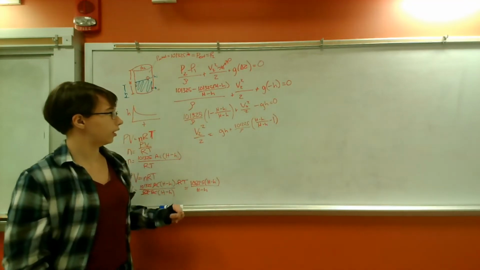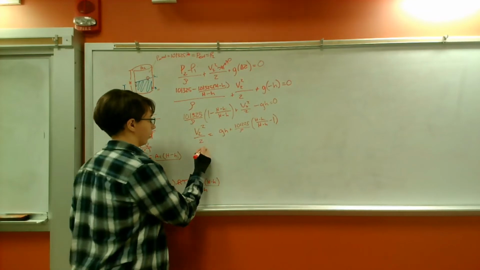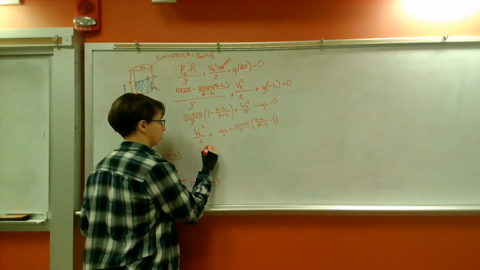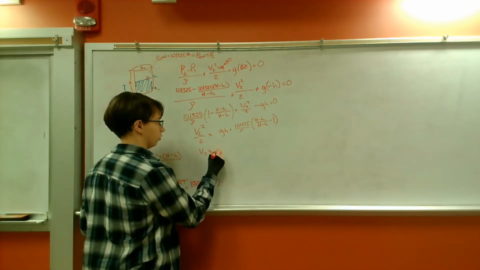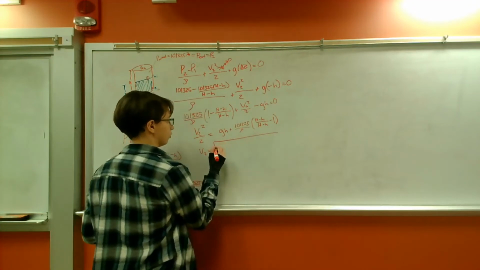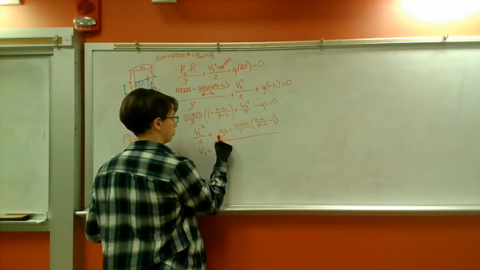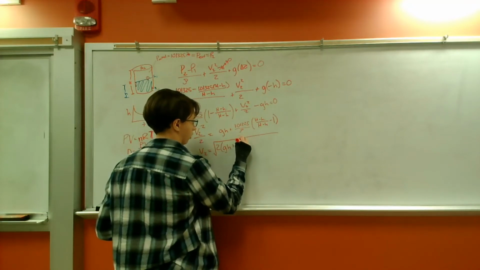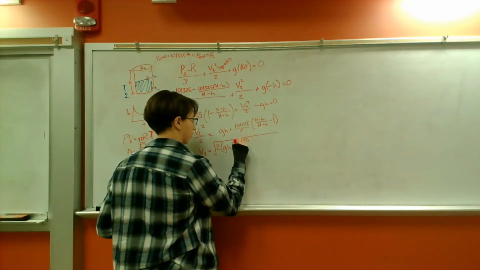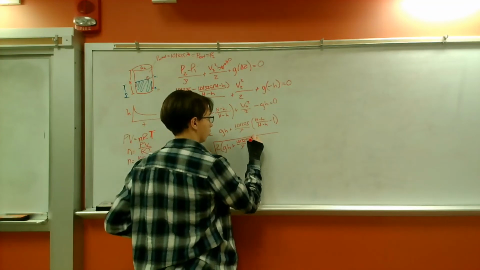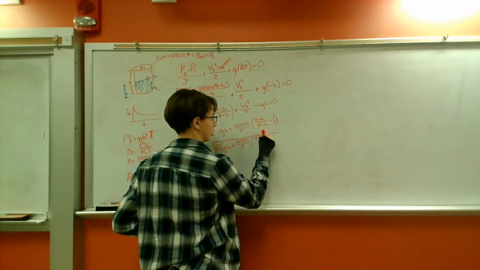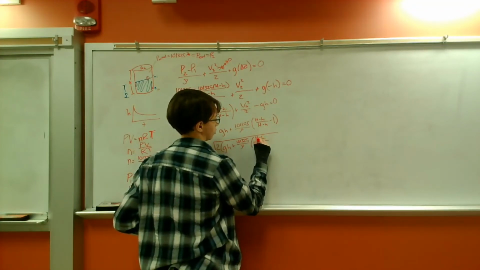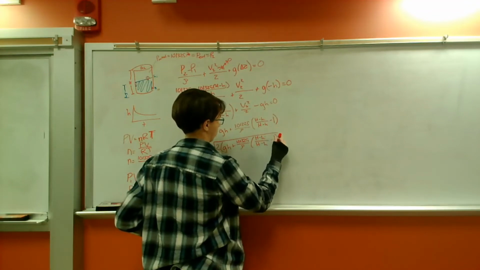Okay, so then, keep simplifying, we've got v2 is equal to the square root of 2 times all of this, g h plus 101,325 over rho times (H minus H initial) over (H minus h) minus 1.